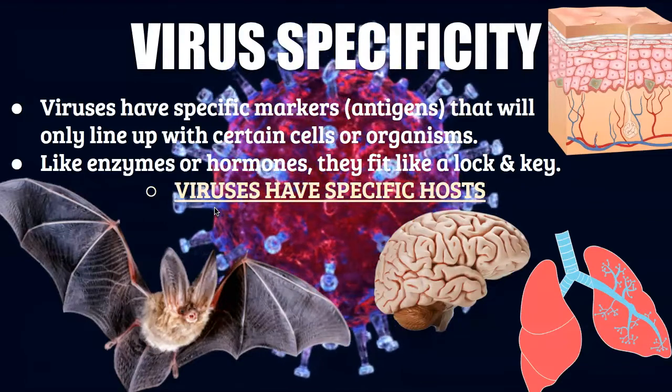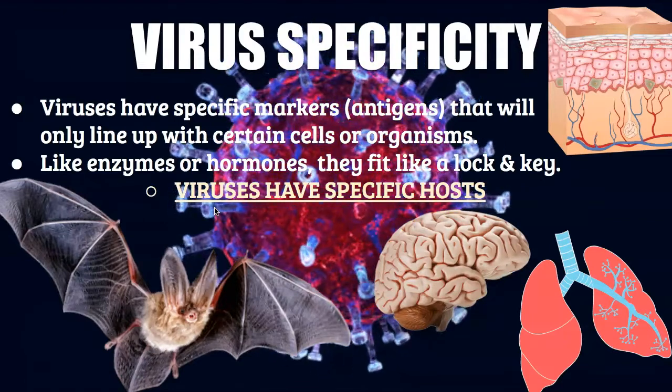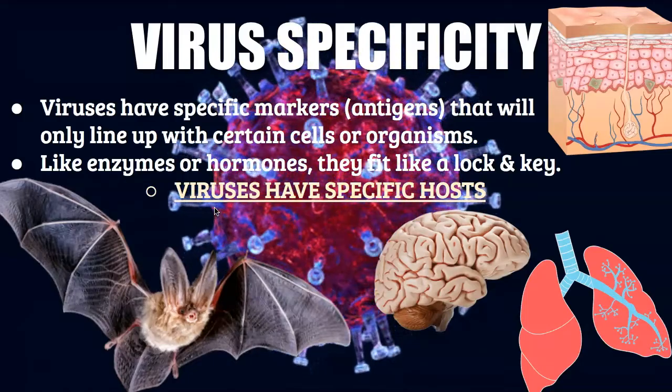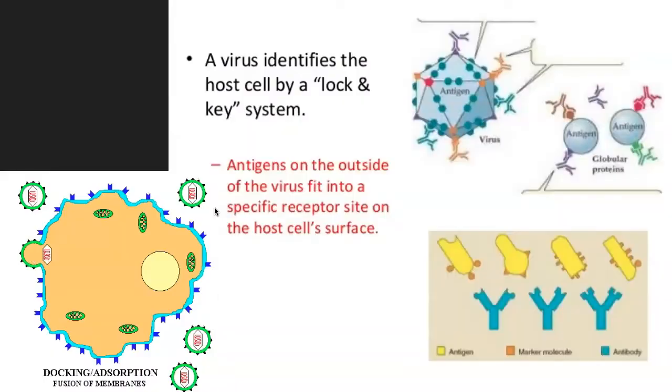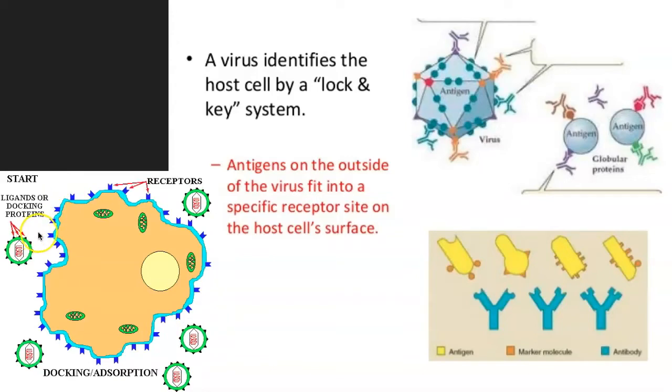All right? The way they have these specific hosts and can't go into other places is just like we saw in that picture earlier. Notice how this one kind of has these little triangles here, and then there's this place where the triangles can line up on the cell. Well, watch when this cell goes and lines up with these.